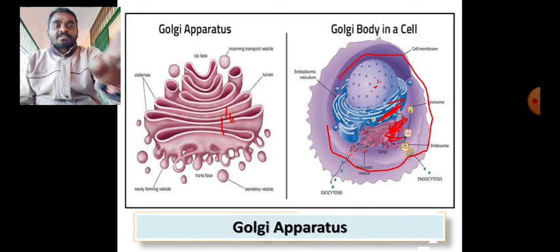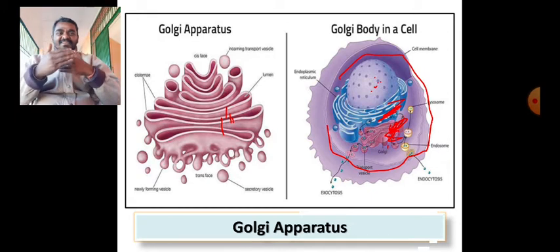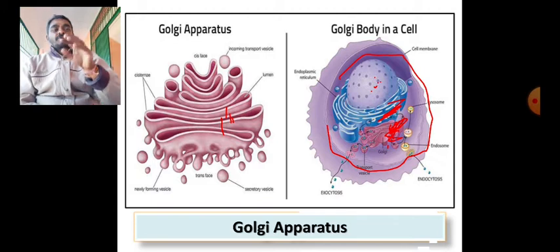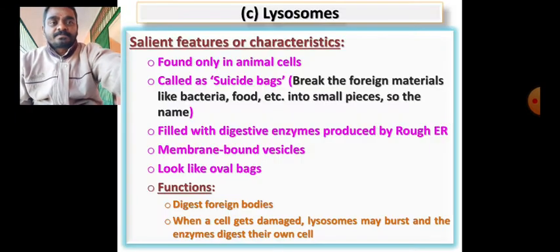Golgi apparatus structure you see, plate like, globular in shape, and they are connected with each other, right? And they are called Golgi apparatus. They mainly store proteins, fat materials, etc., which are produced by endoplasmic reticulum.